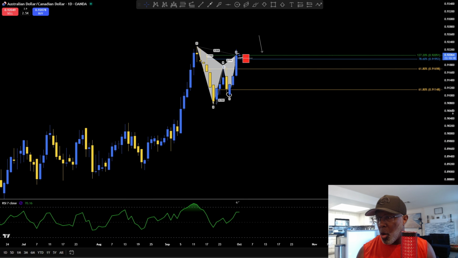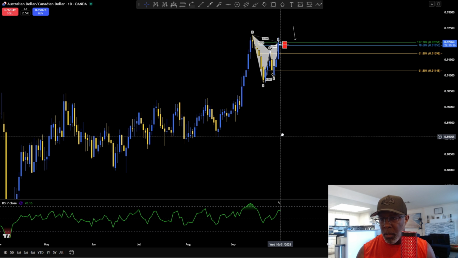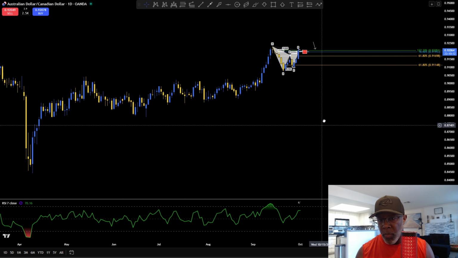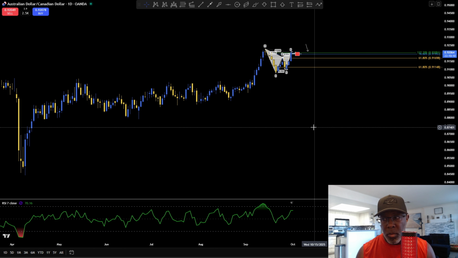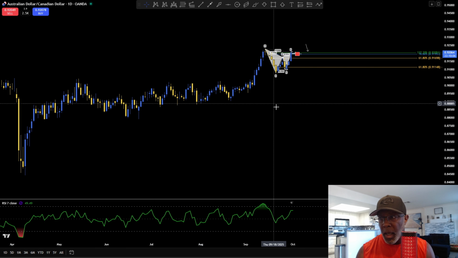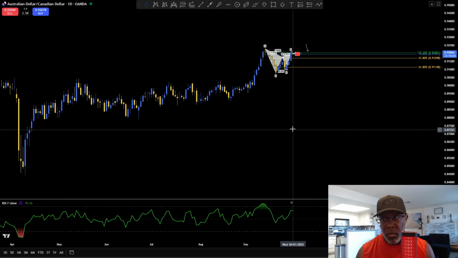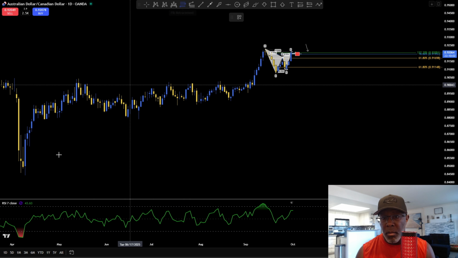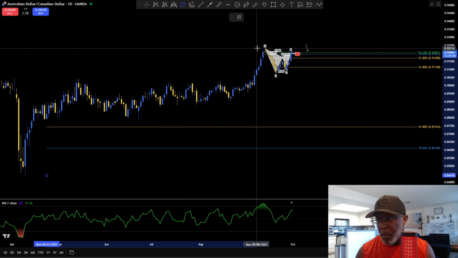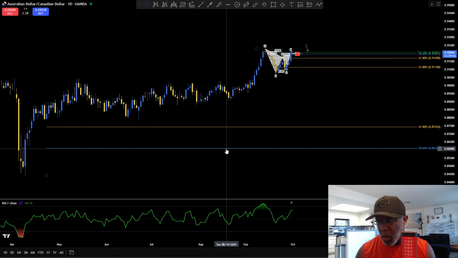Because look at your targets on this thing, okay? You'd essentially be trading a 3-bar reversal from the swing low to the swing high and 61% of the way down. Let's see what that looks like. Swing low to the swing high and 61% of the way down.